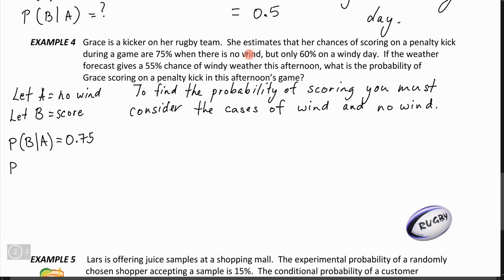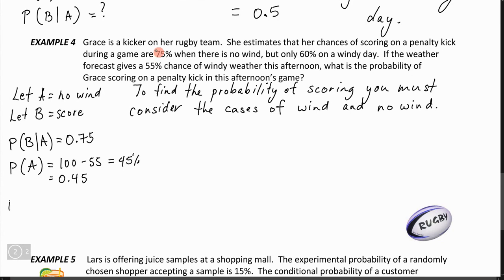The probability of no wind is going to be what? Well, it says here, if the weather forecast gives a 55% chance of windy weather, then my probability of there being no wind will be 100% minus 55%. So it's going to be 45%, or as a decimal, 0.45.